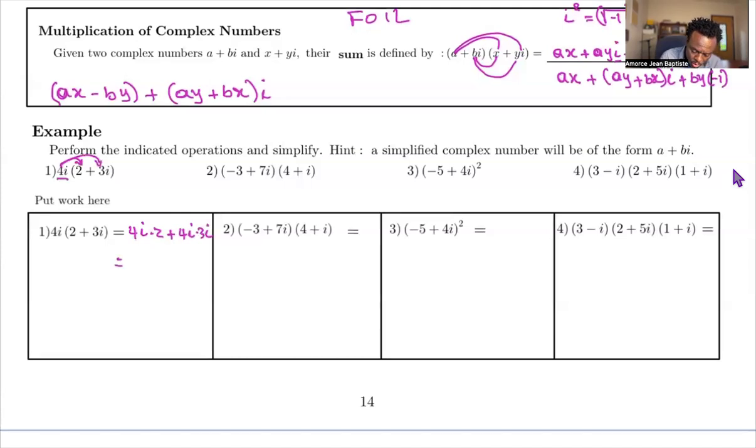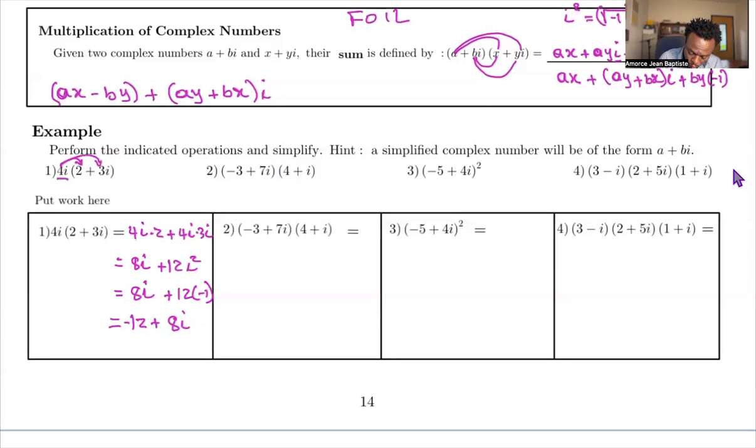So that equals 8i plus 12i squared. i squared is negative 1, so that is 8i plus 12 times negative 1. So the complex number becomes negative 12 plus 8i.